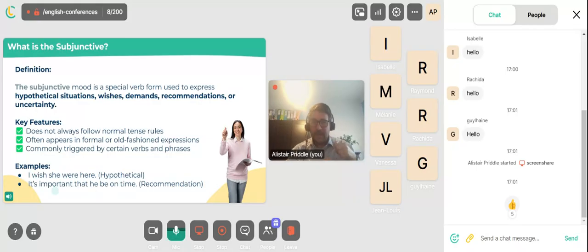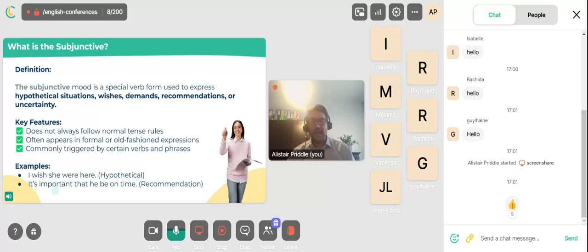There are some key features. It does not always follow normal tense rules. It often appears in formal or old-fashioned expressions, and it is commonly triggered by certain verbs and phrases. We have a couple of examples here.